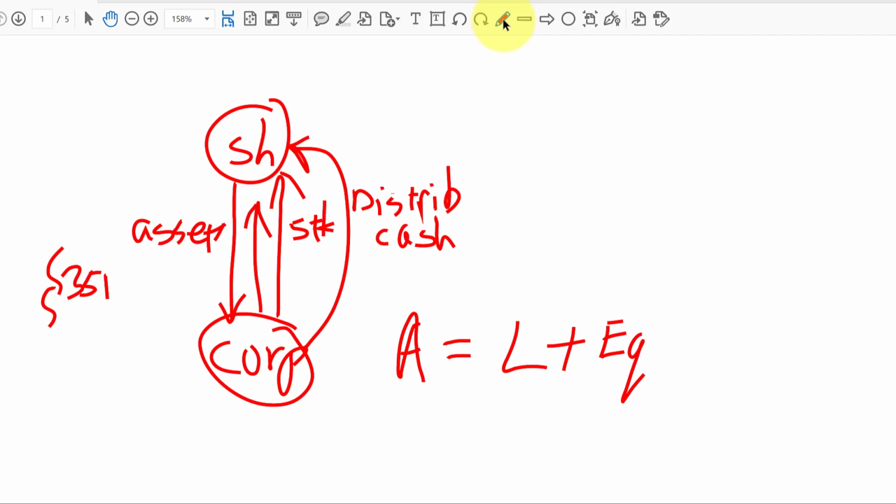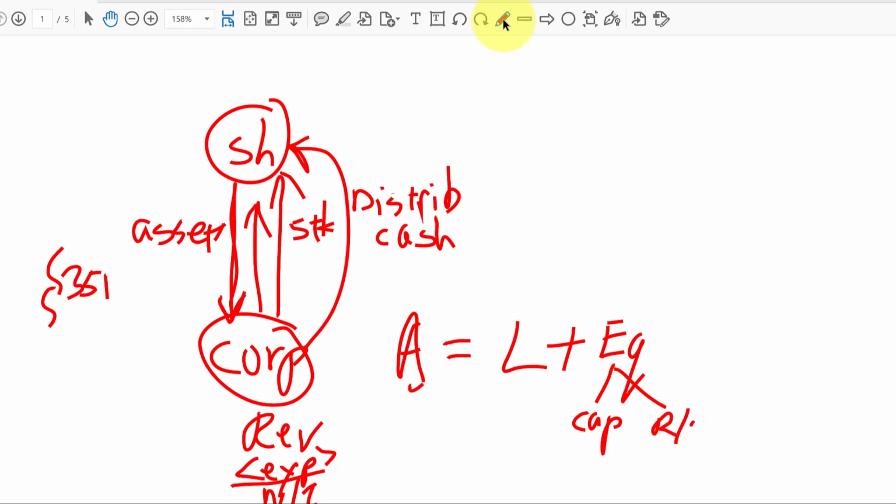In fact, when you make this contribution into the corporation, that really is the asset here balancing off with a capital contribution or the equity. And each year, of course, we're going to report revenue minus the expenses to get hopefully the company's profits. And that profit will be closed out into the equity section, if you remember, the retained earnings account.